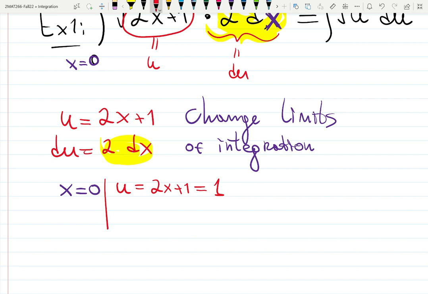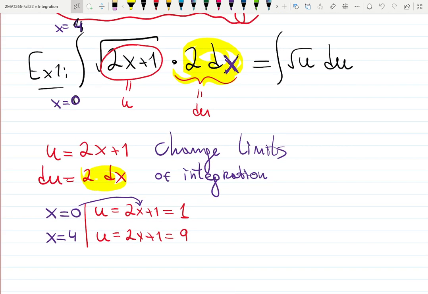You literally plug 0 into your u. Now, when x is 4, u is 2x plus 1, which becomes 2 times 4 is 8, 8 plus 1 is 9. So instead of 0 and 4, it becomes 1 and 9.